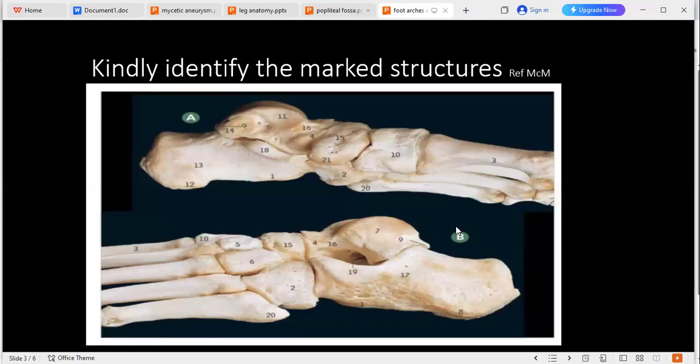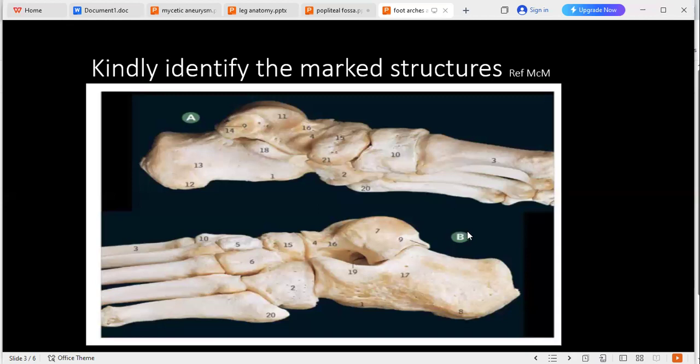Transverse arch is composed of the fifth metatarsal bone in each leg forming half of the arch. Very good. And the ligaments and the muscles? Muscle is peroneus longus. Ligaments are interosseous ligaments. Okay, right.